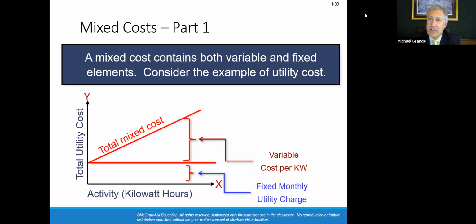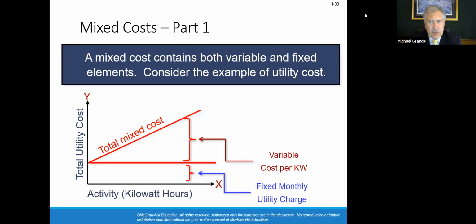Utility cost is an example of a mixed cost. It has a fixed component and a variable component. The example I like to use is a hospital. And everybody's either been a patient or visited somebody. If there are 0 patients in the hospital, is there electrical cost?